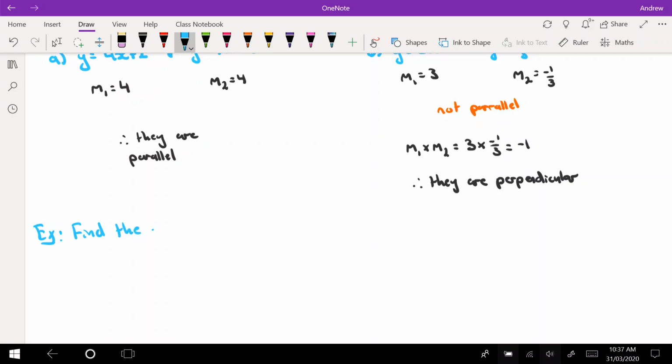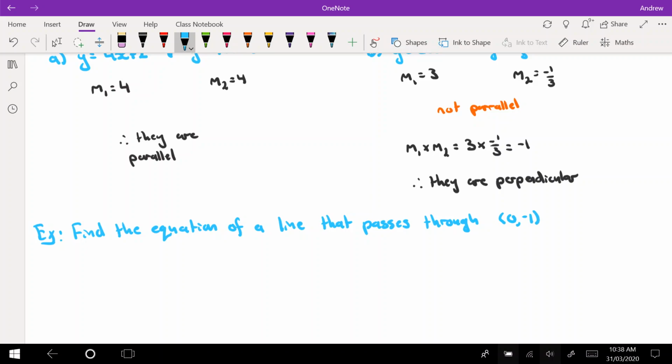Find the equation of a line that passes through 0, -1.